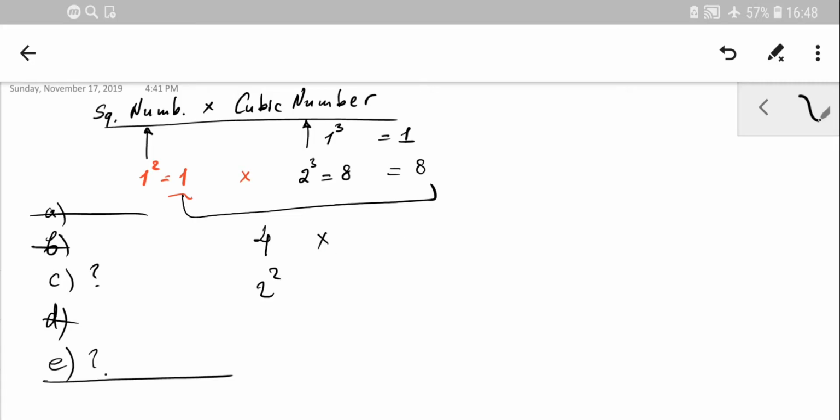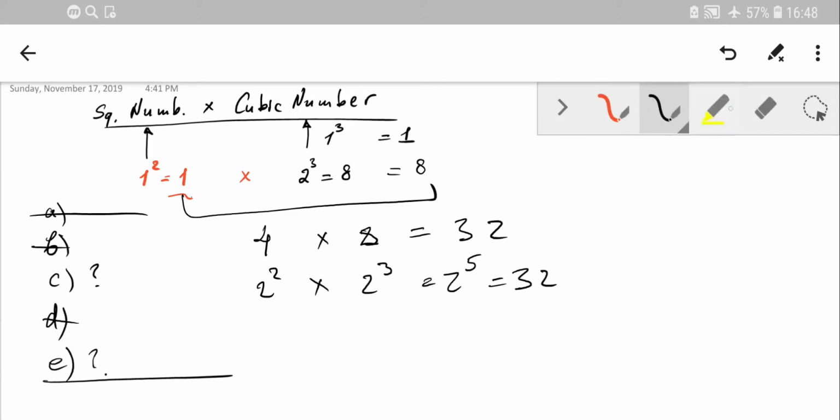And for the cubic number, let's take 8, which is 2 cubed. We multiply them and get 2 to the power of 5, which is 32. So the result is 32, and it looks like 32 is neither a square nor a cubic number. It's just another integer. So statement C is correct in this case, and we eliminate E.